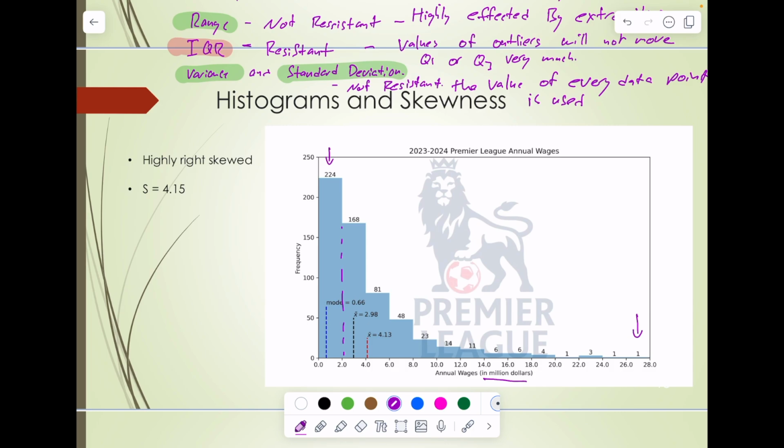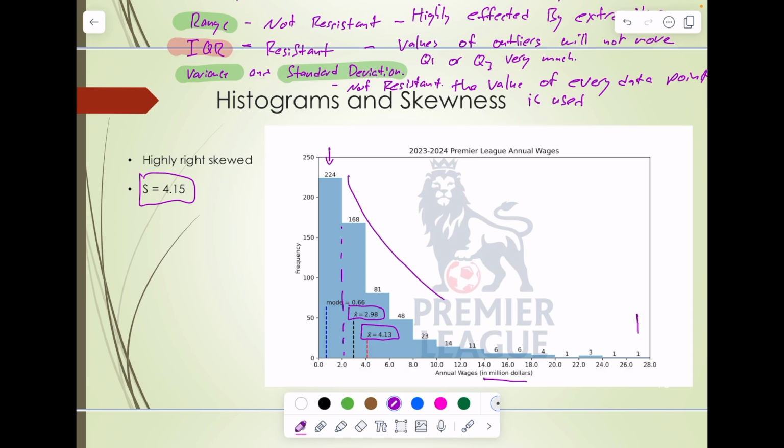So the most one salary that anybody got was $660,000 a year. The median salary is 2.98 million, and the average salary is 4.11, and the standard deviation here is 4.5.